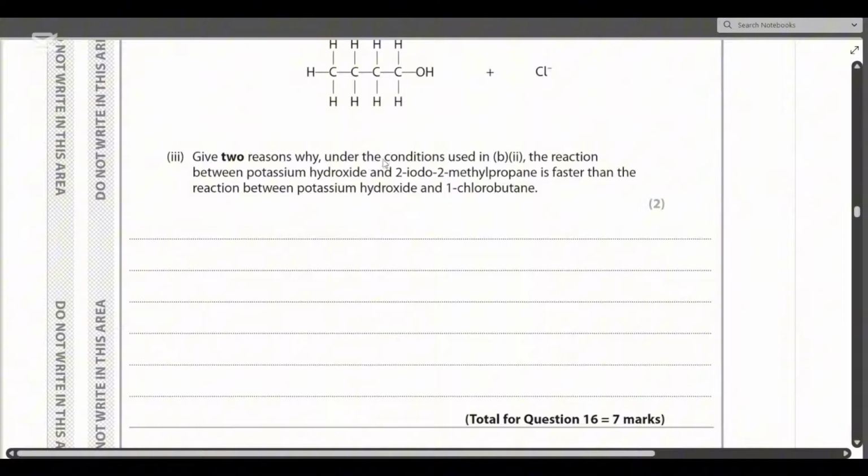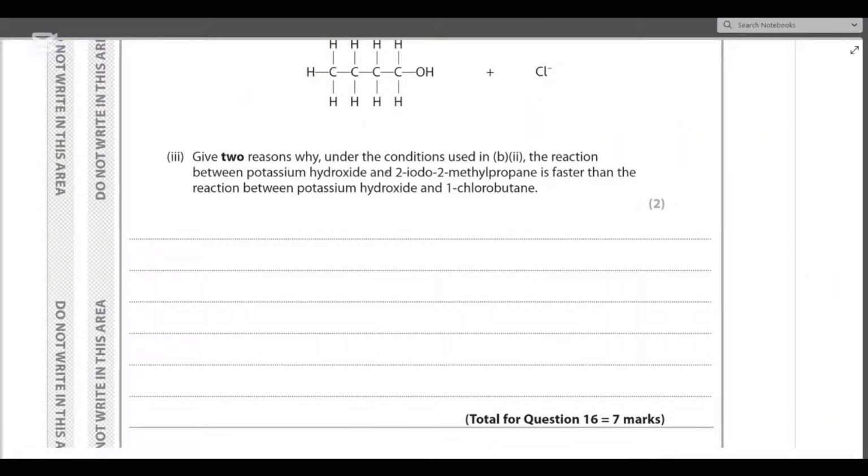Now give 2 reasons why, under the conditions used in B2, the reaction between potassium hydroxide and 2-iodo-2-methylpropane is faster than the reaction between potassium hydroxide and 1-chlorobutane. First things first, you need to point out that 2-iodo-2-methylpropane is a tertiary halogenoalkane, and obviously 1-chlorobutane is a primary halogenoalkane.